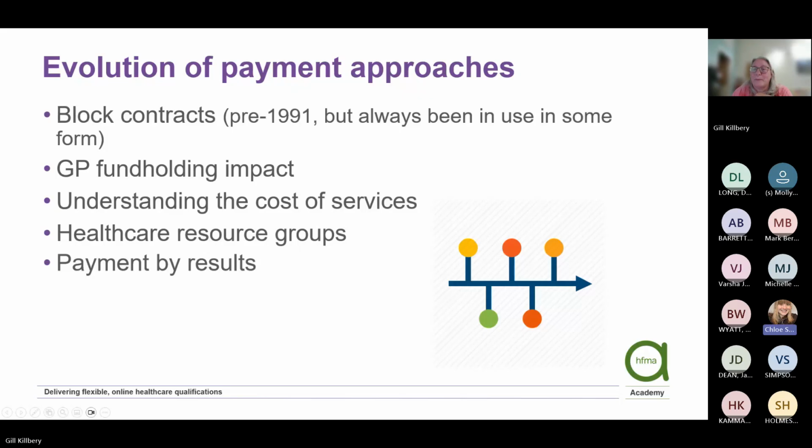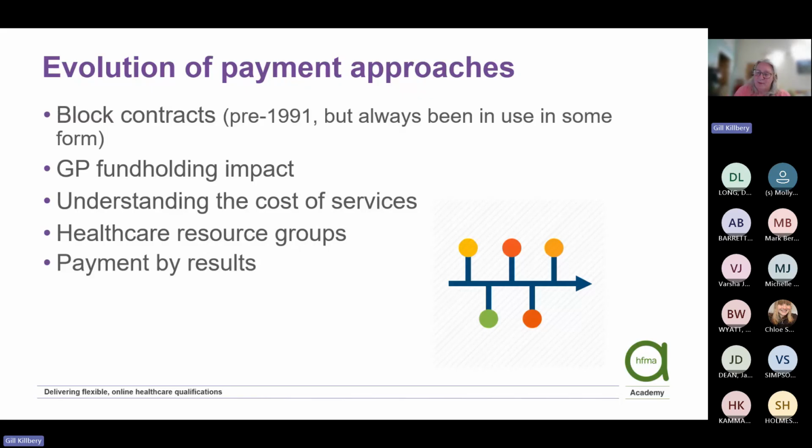Just want a clarification on what elective and non-elective means and how it relates to contracts. Okay, so elective work is things that are planned. It could be a hip replacement that's been referred in by a GP, gone for an outpatient appointment, been put on a waiting list, treated, and then come out.